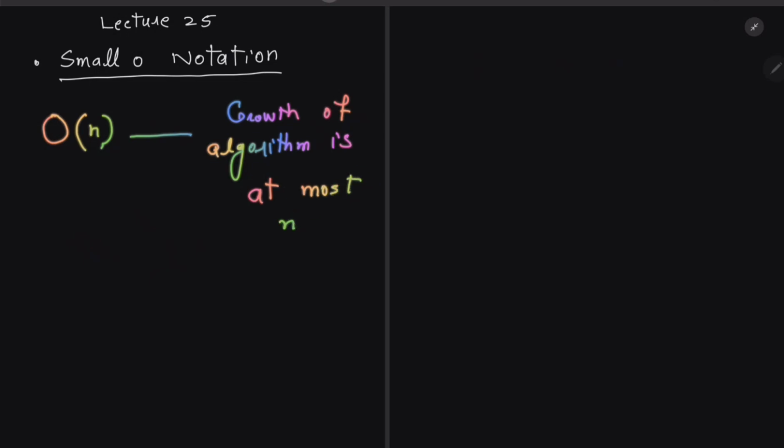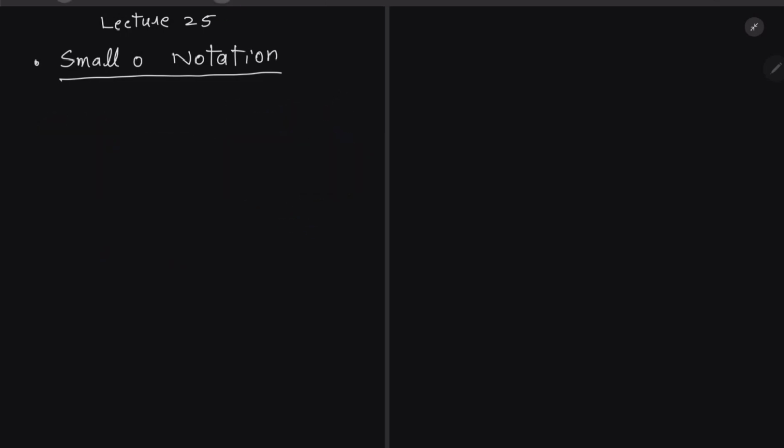So it can actually have a value of n. But when we have small o notation, it means that the function grows strictly lower than n.